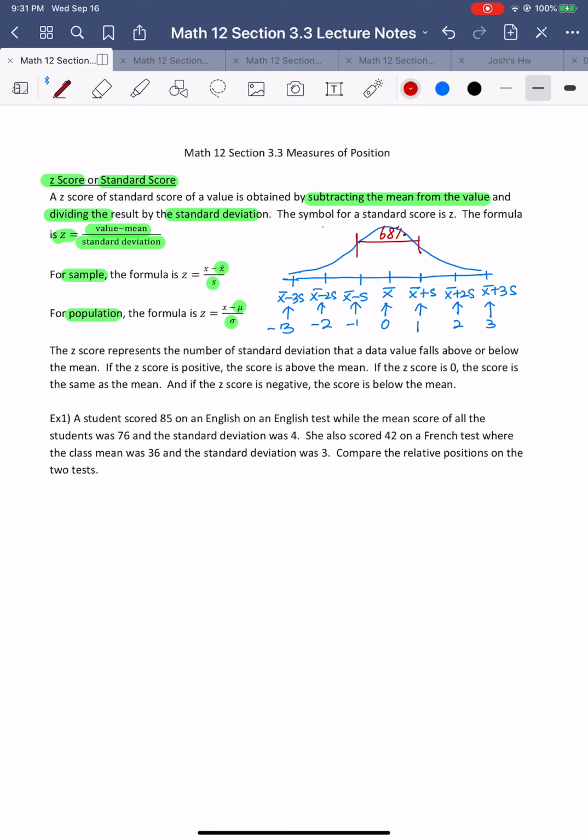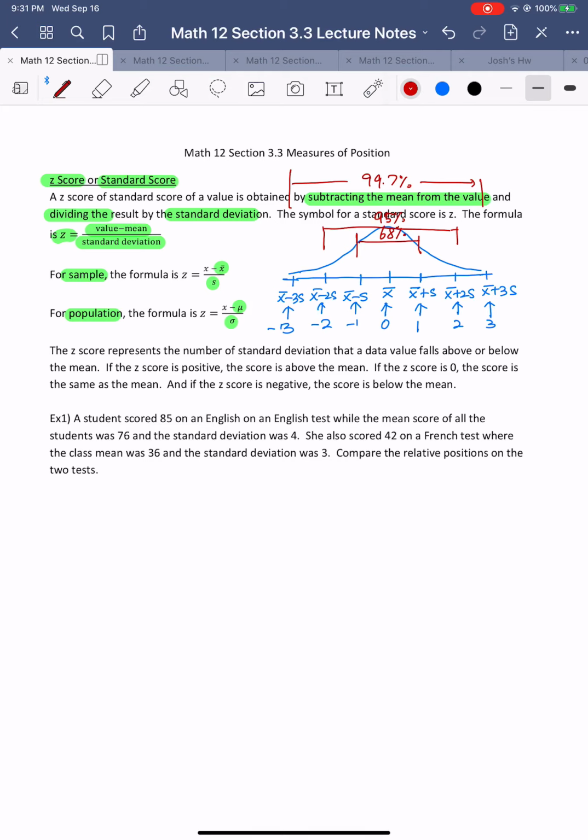Within two standard deviations, it's about 95%. And within three standard deviations, it's about 99.7%. So we're just using the z-score instead of one, two, or three standard deviations. Okay, so let's look at example one.